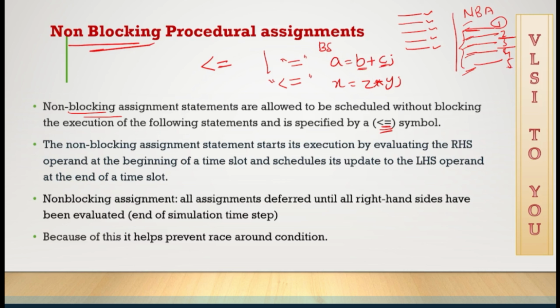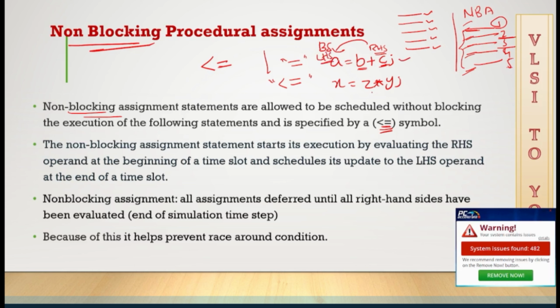That means b plus c is done, and as soon as the RHS operation is completed, it is immediately assigned to LHS. After the execution of this statement, then comes the next statement. Z into y operation is done, and then immediately it is assigned to x. After the assigning of this value, then comes the next statement if anything is there. So this is what happens in a blocking statement.